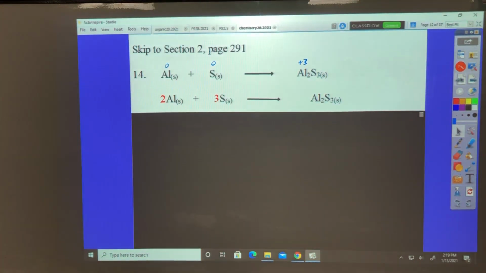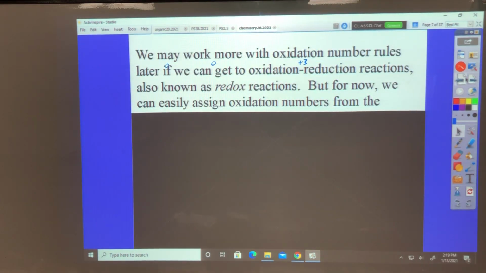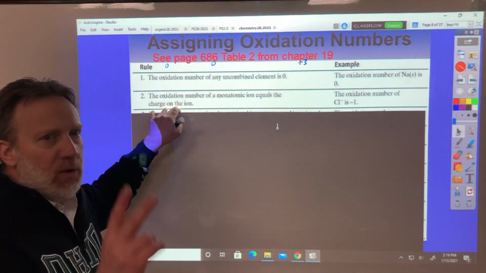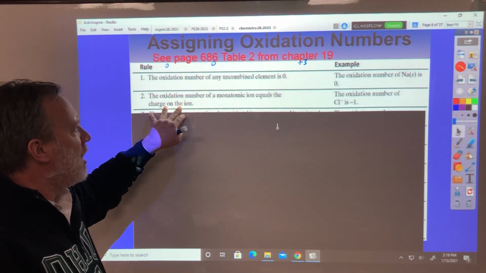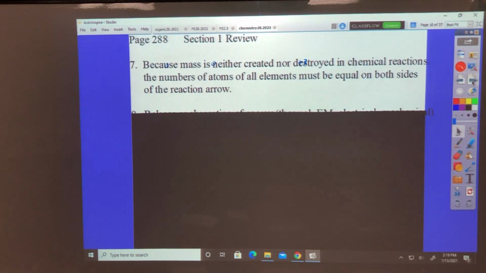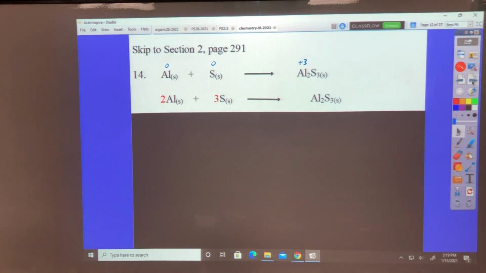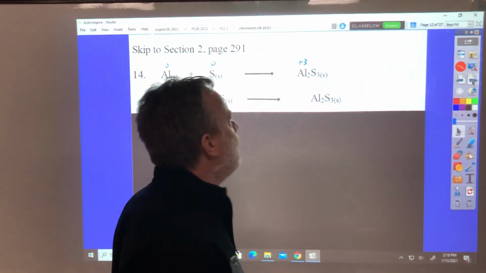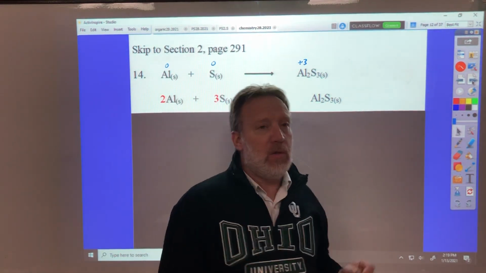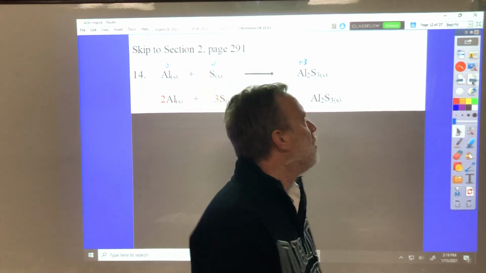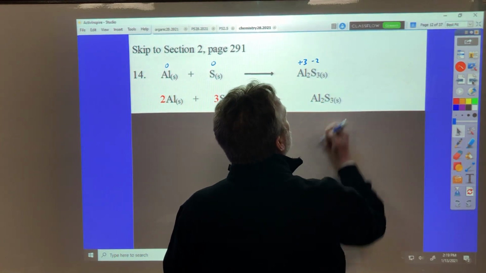Let's see if I can find the oxidation number rules. Rule 2: the oxidation number of a monatomic ion equals the charge on the ion. And that's what you have here. So the charge on this aluminum ion is 3 positive, so the oxidation number is plus 3. Sulfur is making the sulfide ion, which is a 2 minus charge, so its oxidation number is minus 2 each.